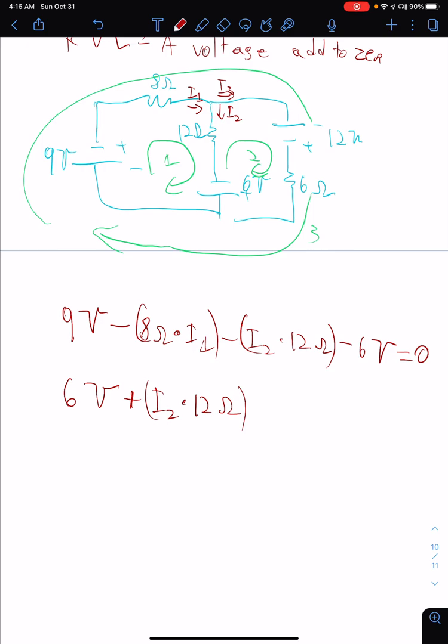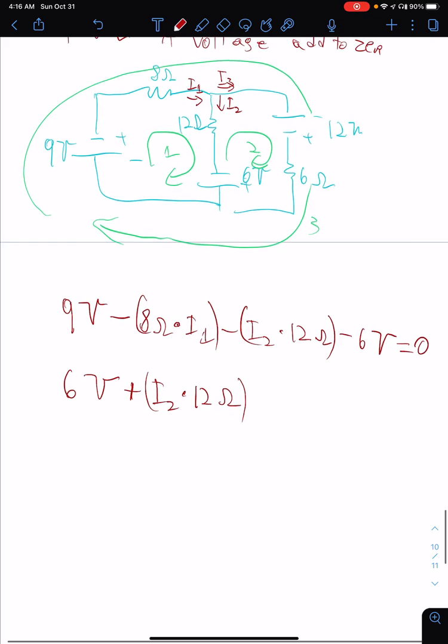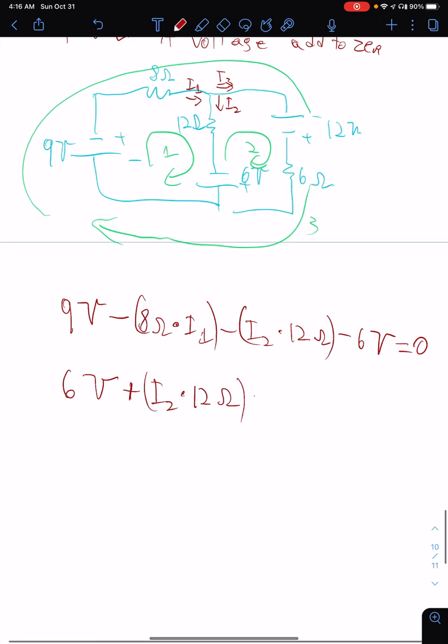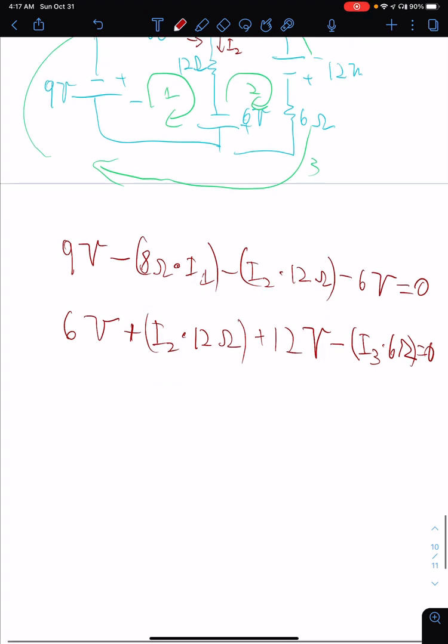This battery is actually going with our current, so this is also a plus 12 volt. Minus I3 times 6 ohms is equal to 0, because now you're back at the end of the loop.